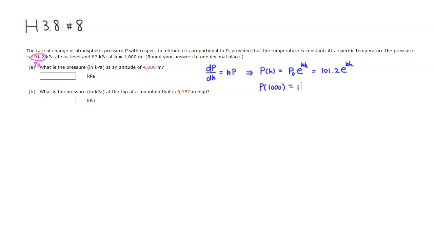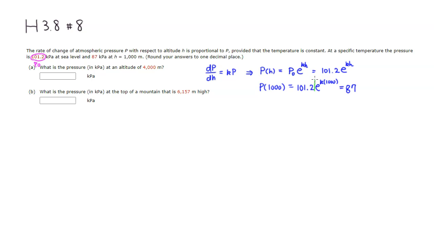If you plug in 1000, you have 101.2 e to the k times 1000, which equals 87. So I'm going to solve this equation for e to the k.